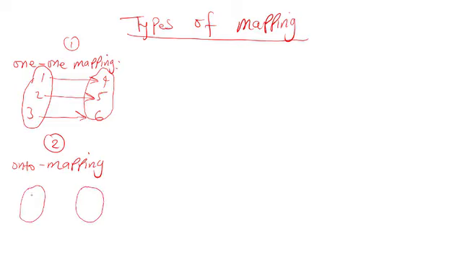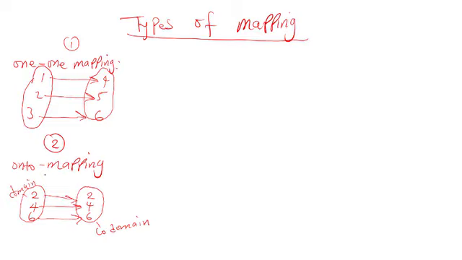If in our codomain we have numbers like 2, 4 and 6, then in our domain, an onto mapping will have 2, 4, 6. So each element in the codomain is an image of an element in the domain. With this we call it an onto mapping.